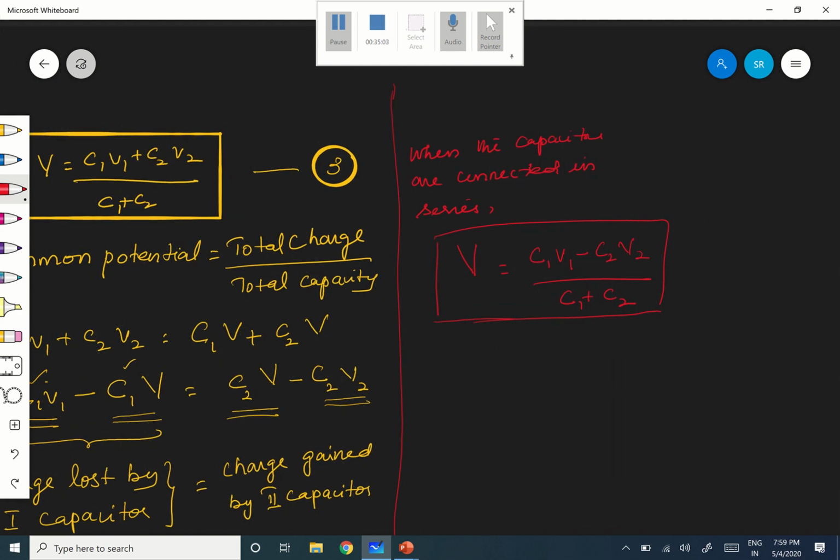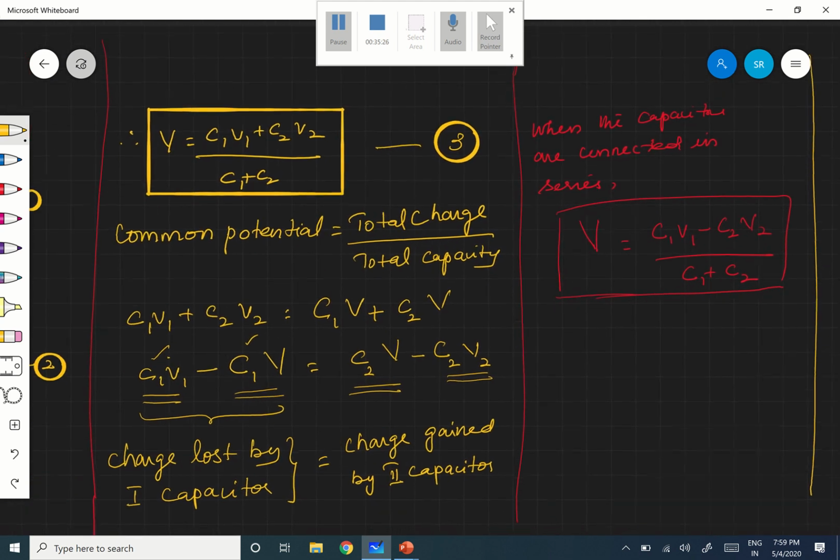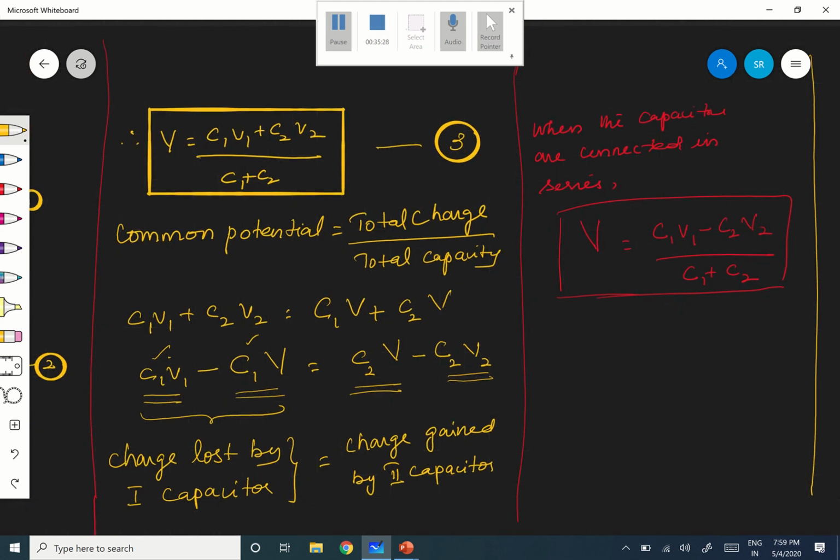Now the next very important topic is loss of energy on sharing charges. Due to sharing there is no loss of charge. Charge lost by one capacitor is nothing but charge gained by the second capacitor. That's all. But there is no net loss of charge.